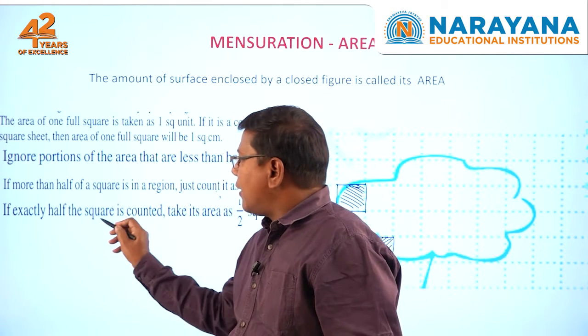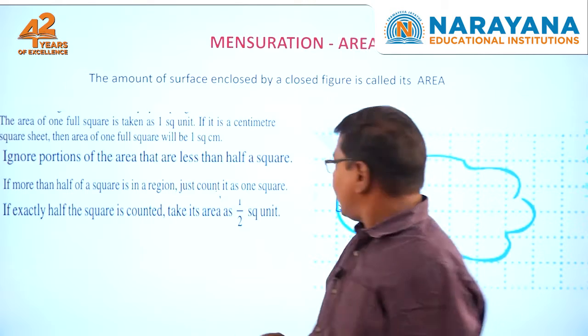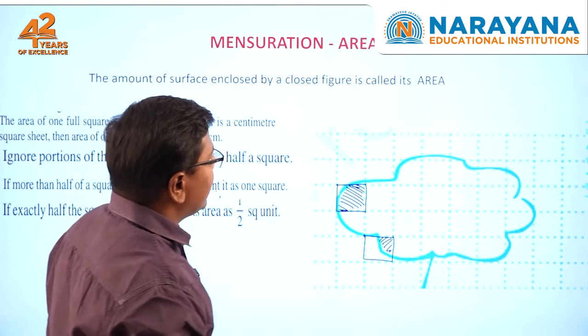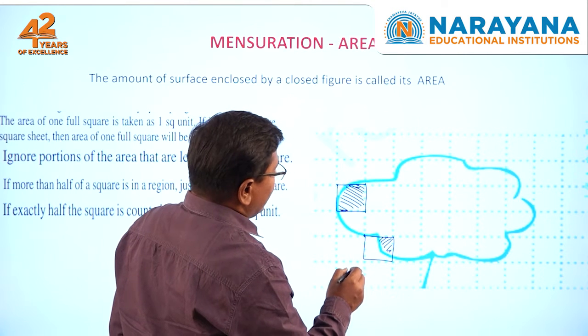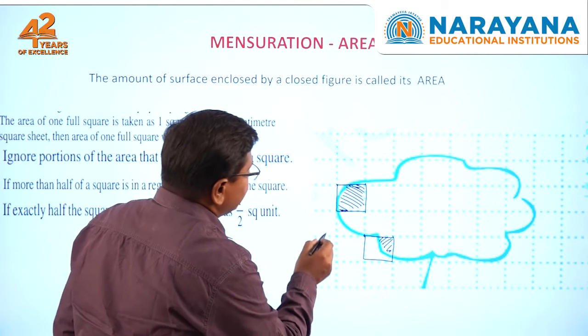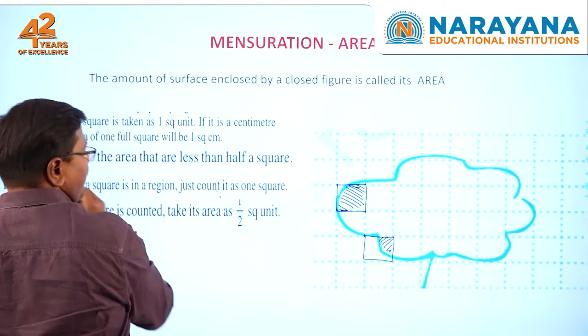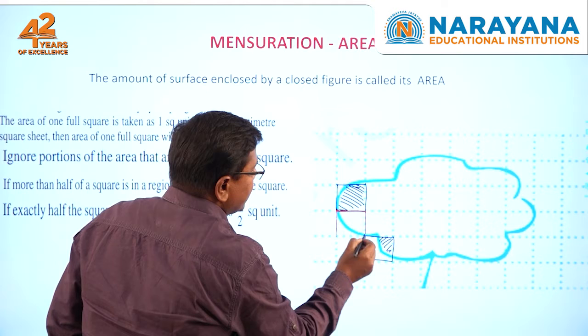Next, if exactly half the square is covered, then take it as half a square unit. For example, we take this portion. This is exactly half, this portion is half of the square.